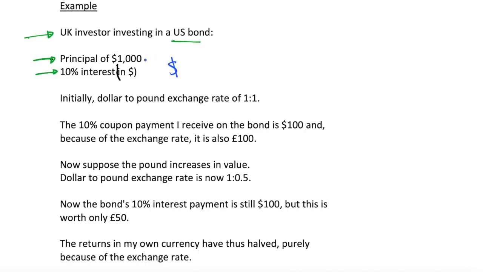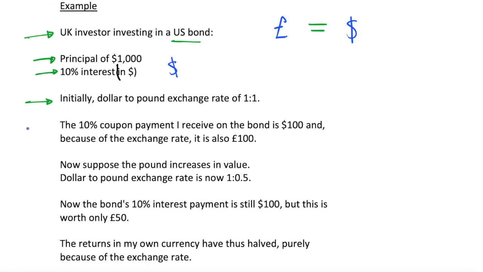And that's the key factor that we're interested in here because I'm a UK investor. I generally use pounds to buy goods and services, but the bond is going to be paying me in dollars. So just for simplicity, let's initially assume that the dollar to pound exchange rate is 1-to-1. So £1 is equal to $1. Obviously this isn't the case in reality, but it helps just run through this example.